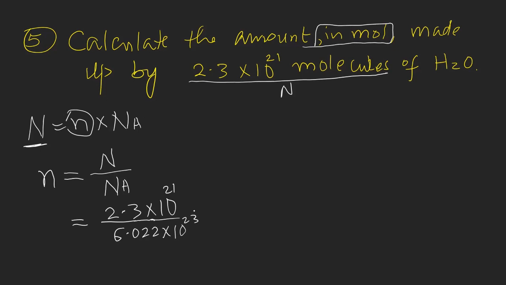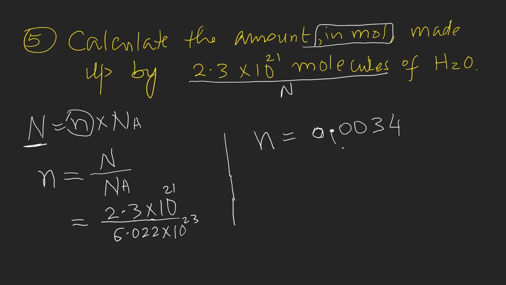When you put these values in your scientific calculator, the value of n comes to 0.0034. Now this answer is okay, but it's best to have scientific notation when you're doing calculations with Avogadro's number. So right now the decimal point is here, we want to take it to after the first non-zero digit.